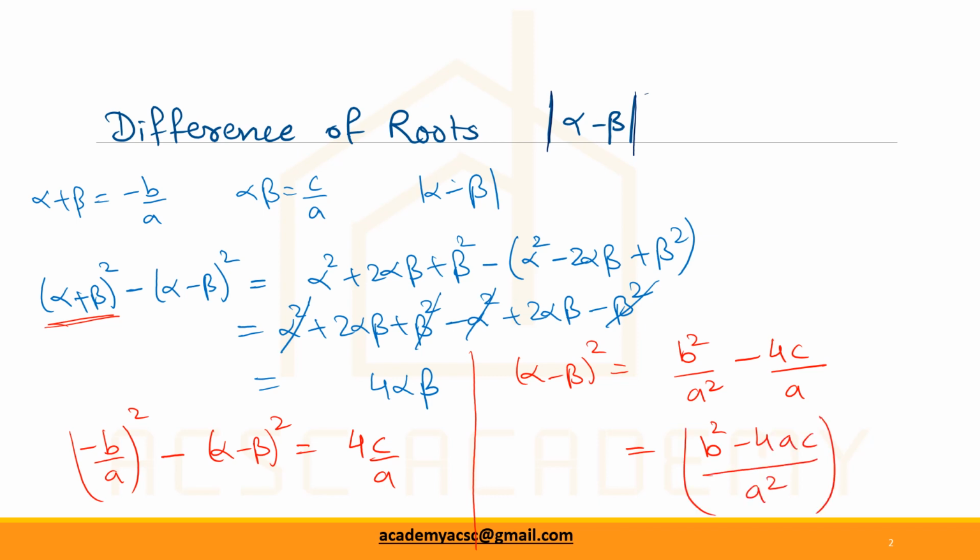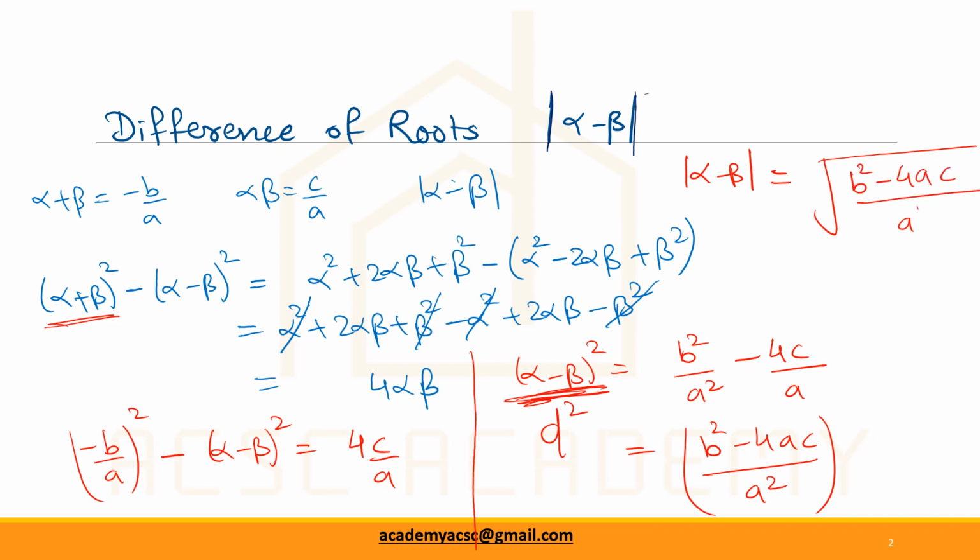So this is the expression for difference squared. This is the square of the difference. We want only the difference. So now we will take the square root on both sides. So that will give us, taking root of this with a modulo sign, alpha minus beta, the absolute value, equivalent to root of b squared minus 4ac upon a squared.